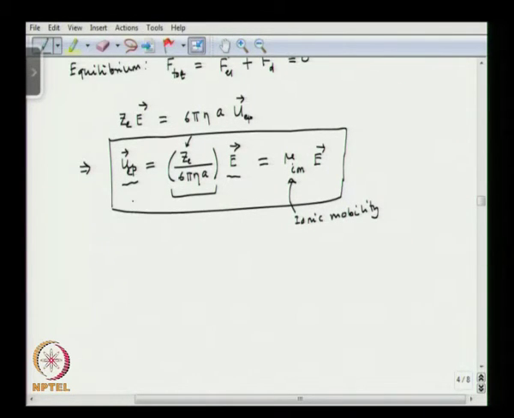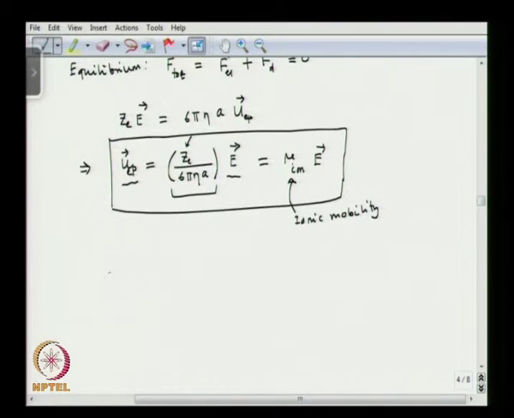What you see here is that the electrophoretic velocity also depends on the charge as well as the size of the particle, okay, and this dependence is exploited to use electrophoresis for sorting different bioparticles like DNAs, okay, and proteins also, okay.